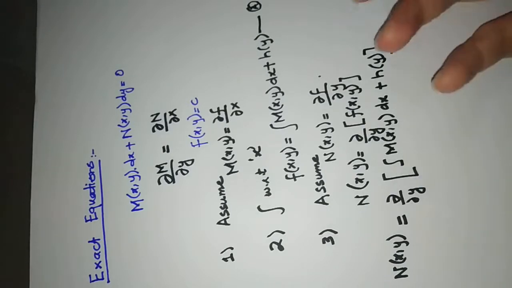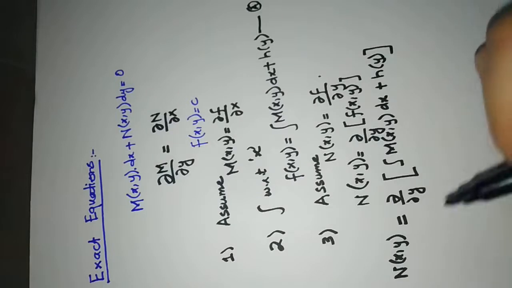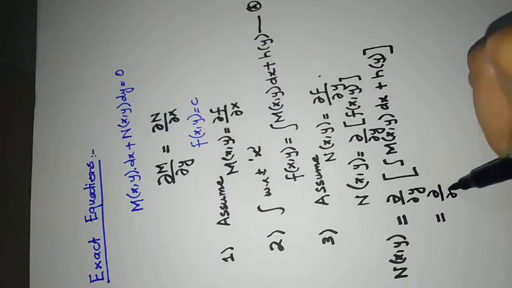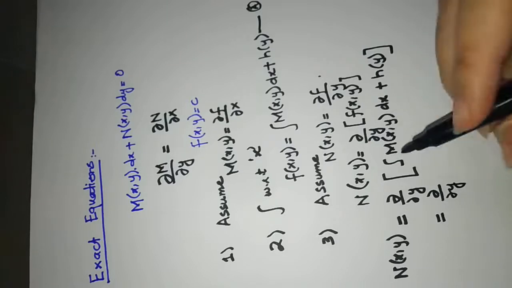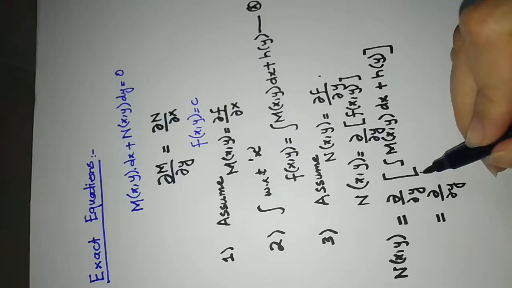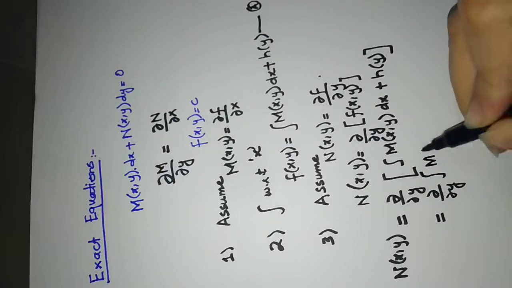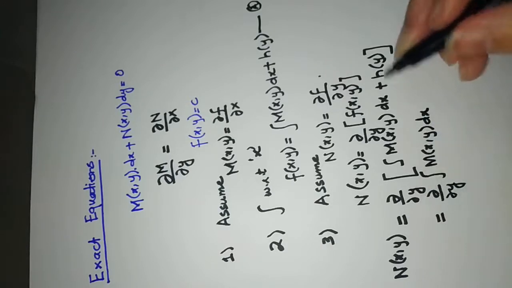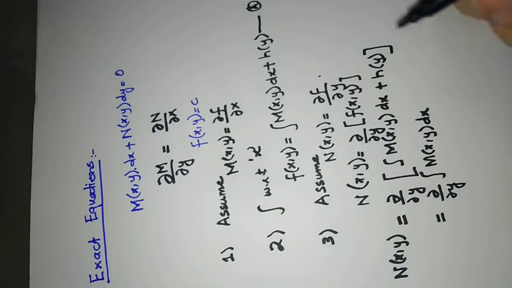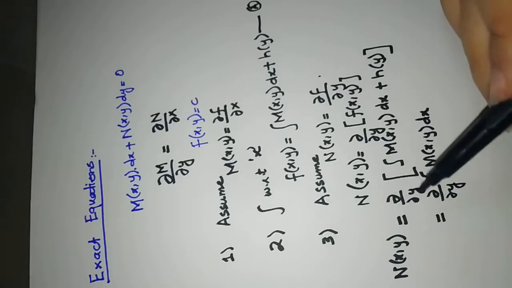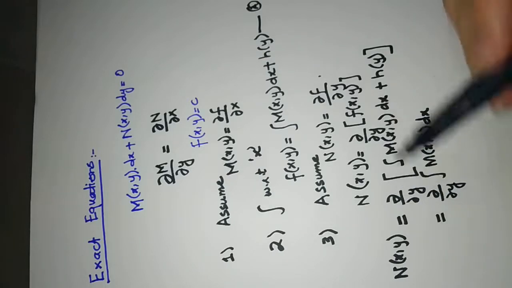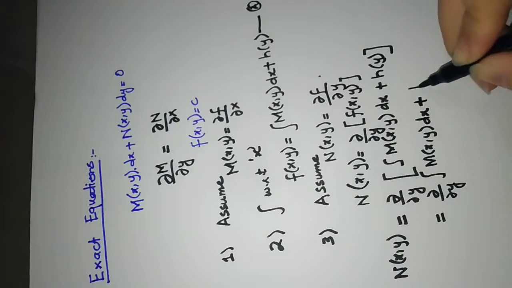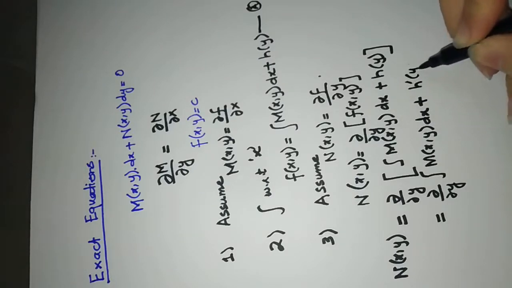I don't have any specific function, so I write it as the integral of M of x, y dx, and h is only a function of y, so if we differentiate it with respect to y, it becomes h dash of y.